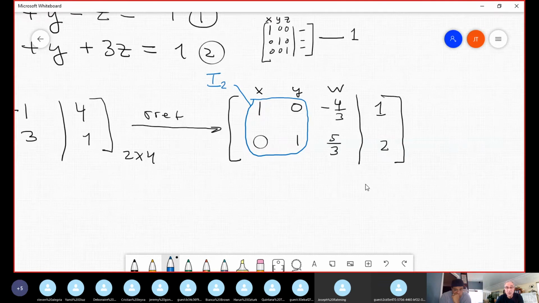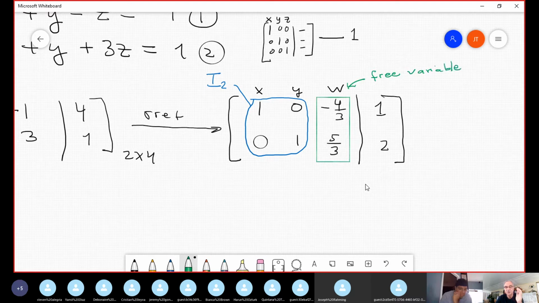So the variables x and y involved inside the identity matrix correspond with the variables that are not free. So the only one that can be asked about is that W is the free variable. And when you have a free variable, we have infinitely many solutions. Entonces, how do you express the infinitely many solutions?